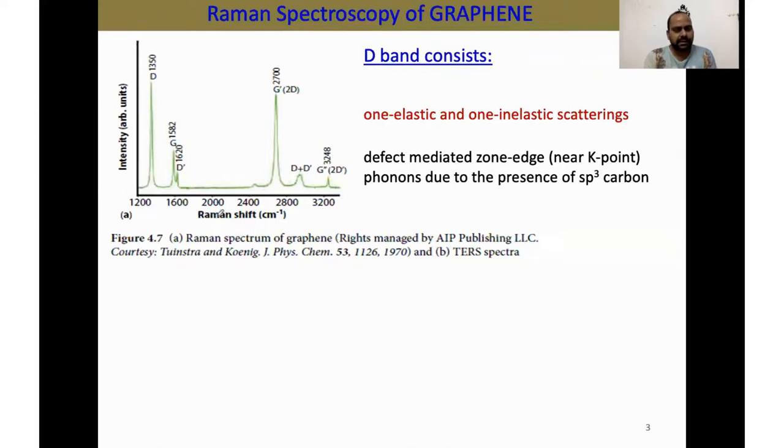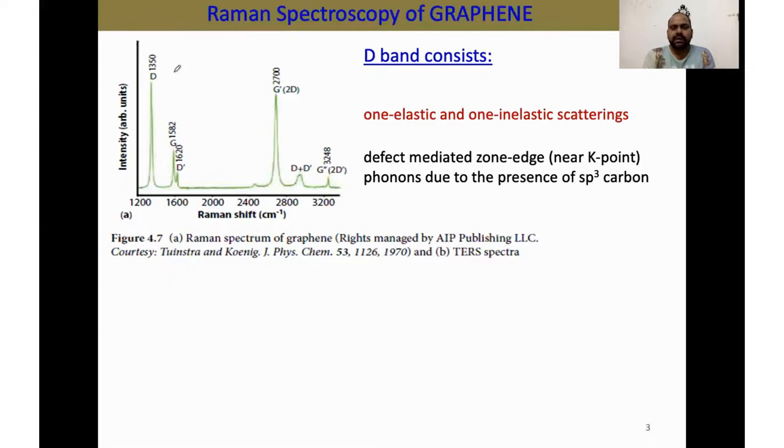As we said earlier, there are these bands. So what is the origin of these bands? Let's say we talk about the D band, which appears at 1350.